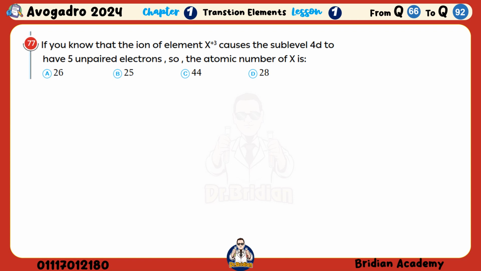Question number 77. If you know that the ion of element X positive 3 causes sublevel 4d to have 5 unpaired electrons, what is the atomic number of X atom? First, when 4d has 5 unpaired electrons, it must have 5 electrons only, in oxidation state positive 3.